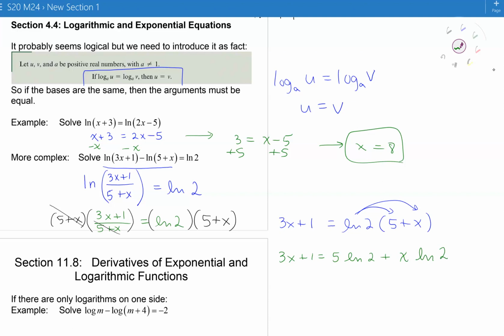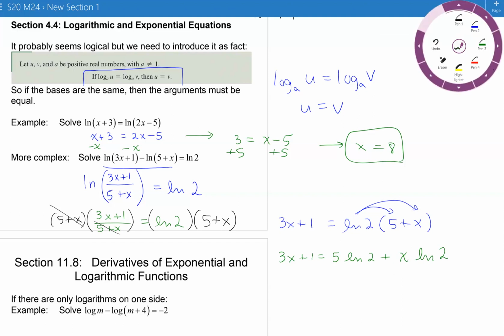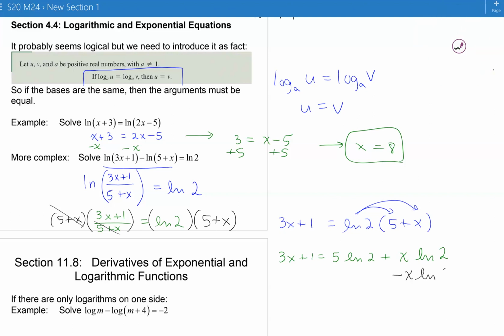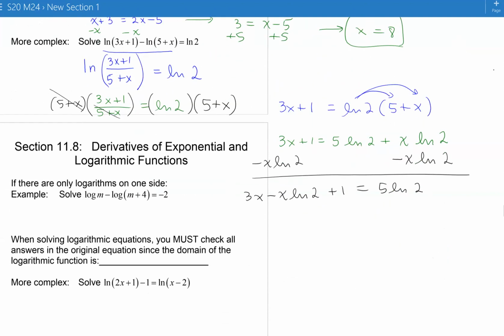Well, then I want to get everything with an x in it on one side, so I'm going to subtract x times the ln of 2, and I'll have 3x minus x ln of 2 plus 1 equals 5 ln of 2.